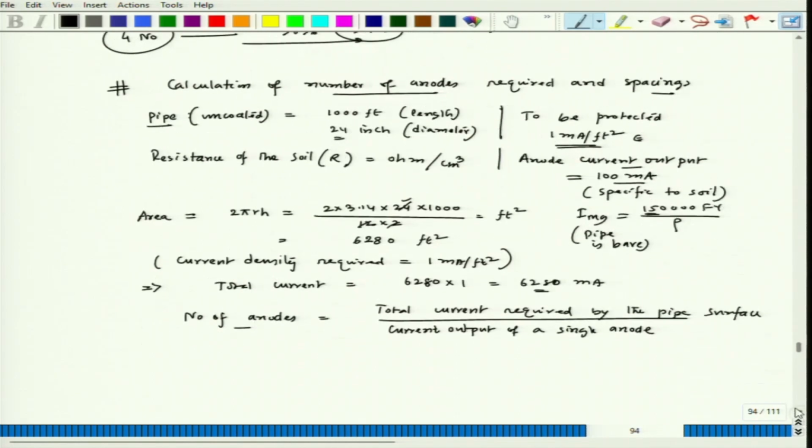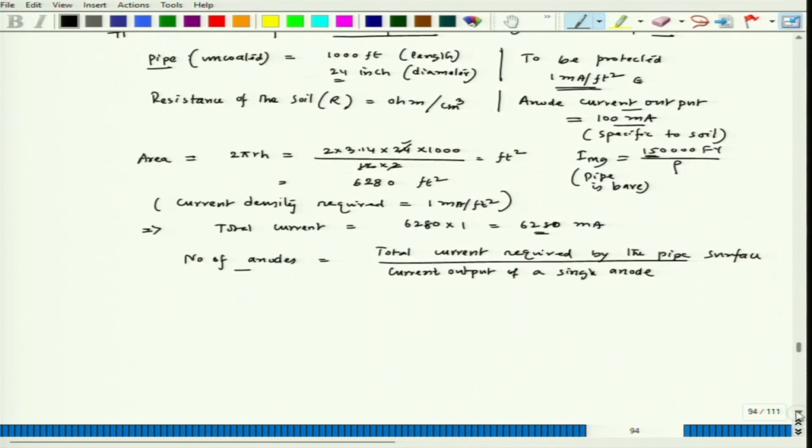Here we are not using any correction factors for multiple anodes if they are put up at some distance. In that case it will be 6280 divided by 100 milliampere. So, this comes around 62.8, which is roughly around 63 anodes.